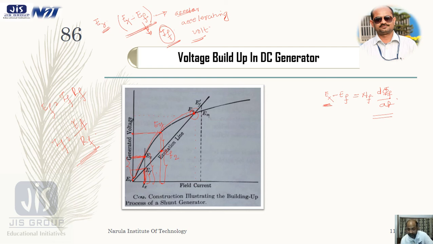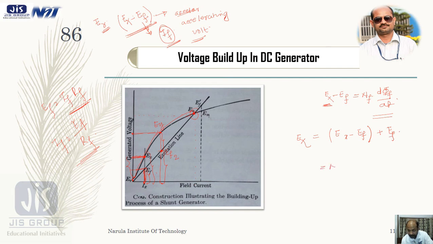Now what is my EF? EF is IF RF. So what is my EX? EX is EX minus EF plus EF.